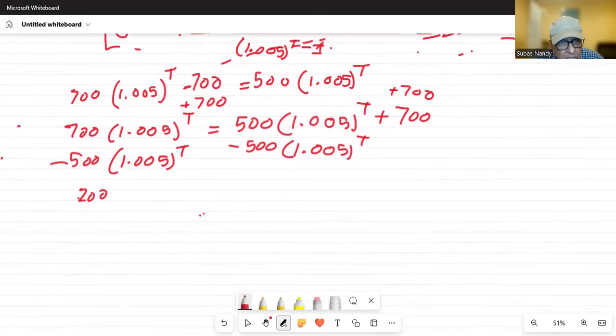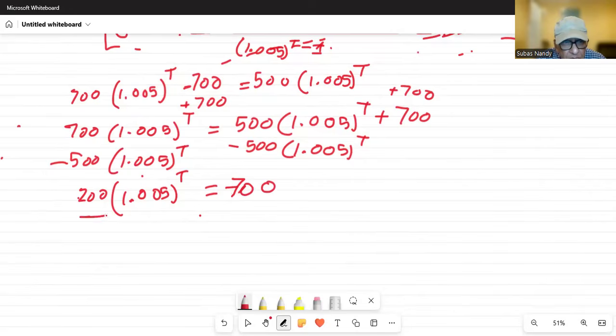Okay. So 200 times 1.005 exponented to t. 500 minus 500 they cancel and I'm left with only 700 on the right. Now divide by 200 on both sides.